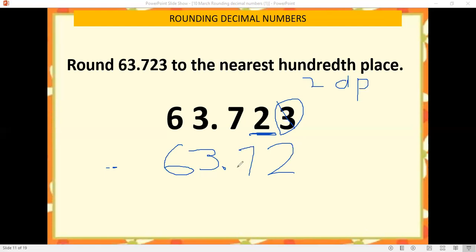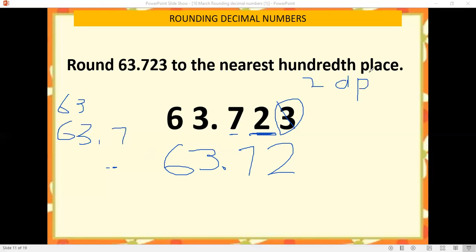Now remember, you have to read carefully. Are you rounding to the nearest whole number? If it's whole number, you do it here. So if it's whole number, it will be 63. Nearest tenth, it will be up to here. So the answer will be 63.7.